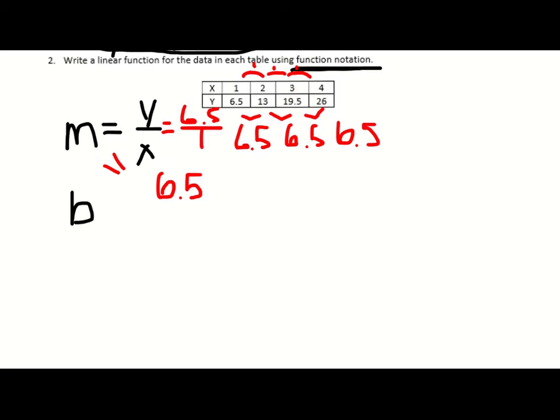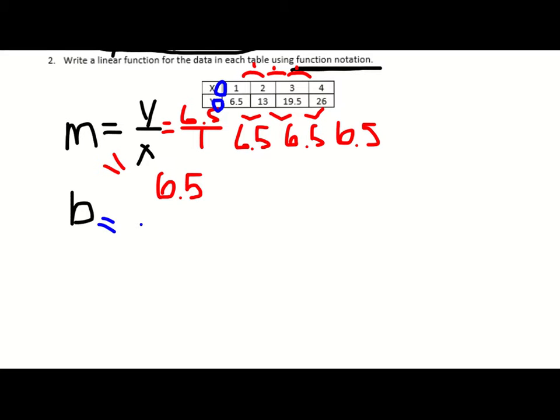Now the other thing we need to find is our y-intercept. So again, the y-intercept is when x is 0. So every single time we increased by 1, now I'm decreasing. So when the x's do the same thing, we were increasing by 6.5, we're decreasing by 6.5. So the corresponding y value would also be 0.